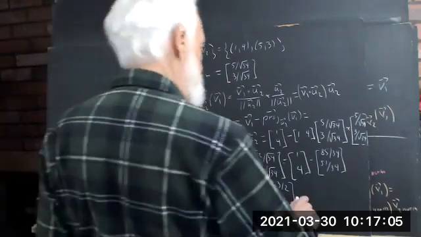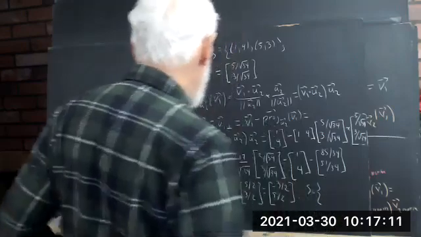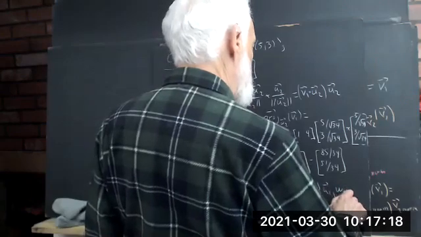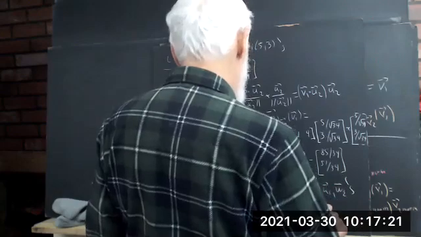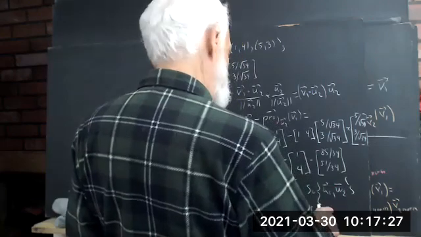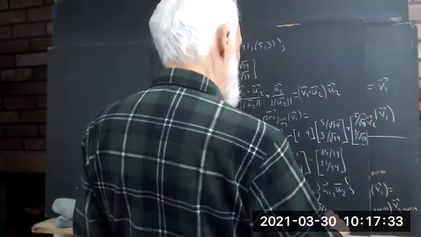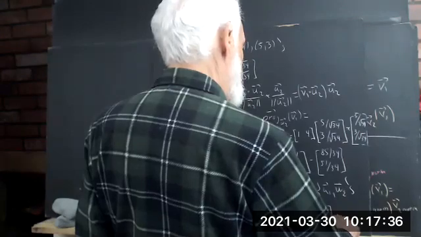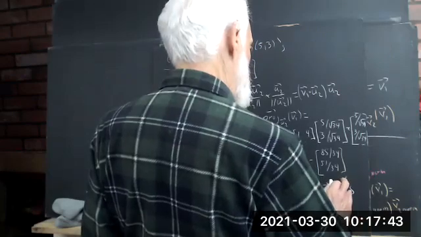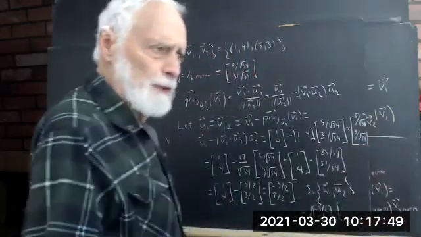Let's see. So U1, U2 equals -3/2, 5/2. And actually, I'm one step shy of orthonormal.